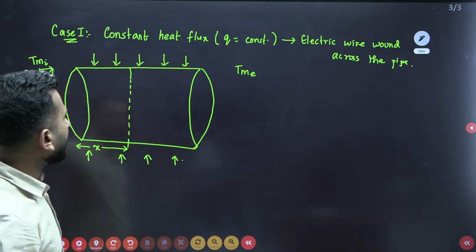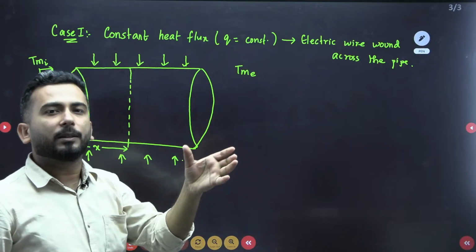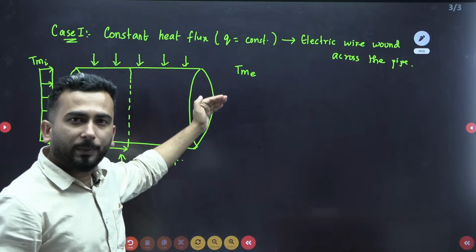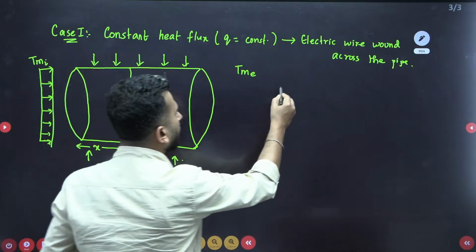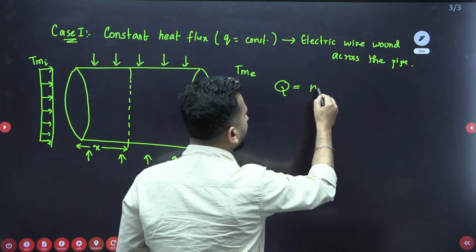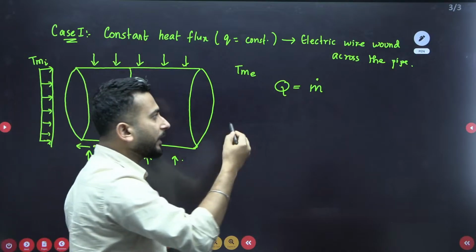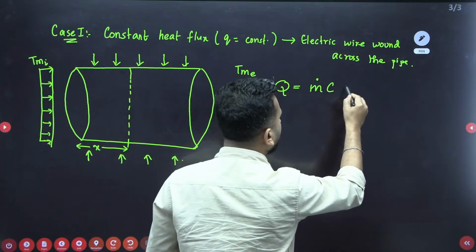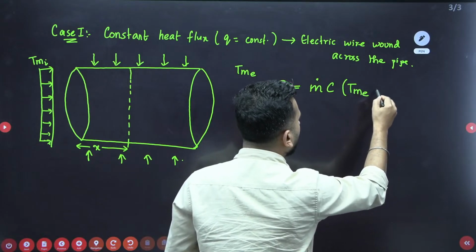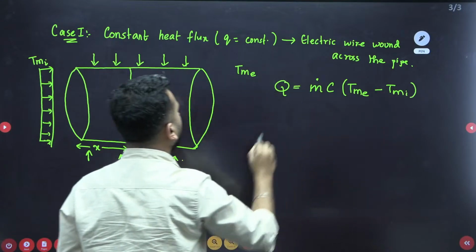When fluid temperature is increasing, it means that the fluid is absorbing heat from the surface, from the pipe. So what is the total heat that the fluid is absorbing? It is m dot, obviously m dot now. Why? Because fluid is flowing, so dot will come, m dot C, and it will be Tm exit minus Tm inlet. This is the total heat taken by the fluid.